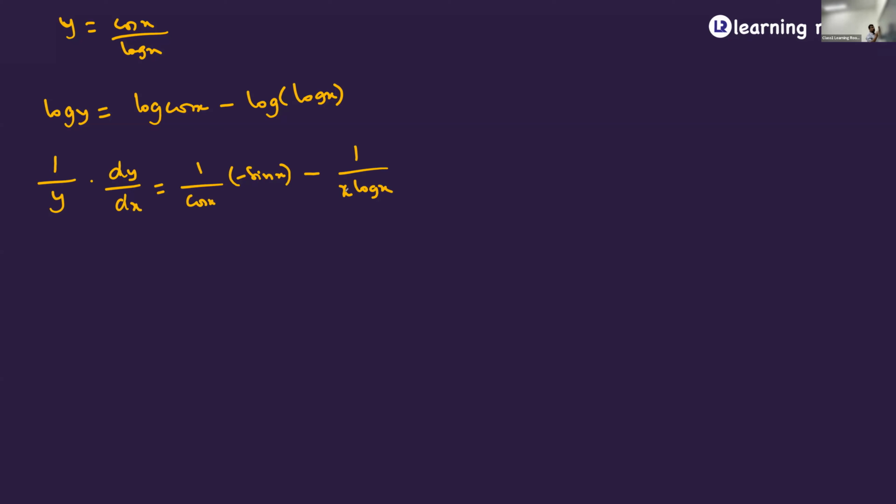Okay, let's see. If I take the LCM, I get minus x sin x log x minus cos x, the whole divided by x log x into cos x. Makes sense? So what is 1 by y? Y is cos x by log x, so 1 by y will be log x by cos x.